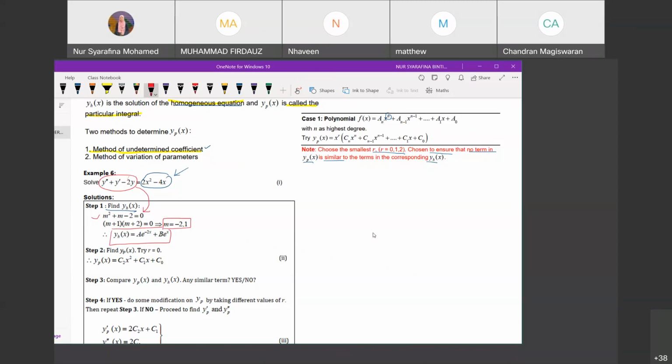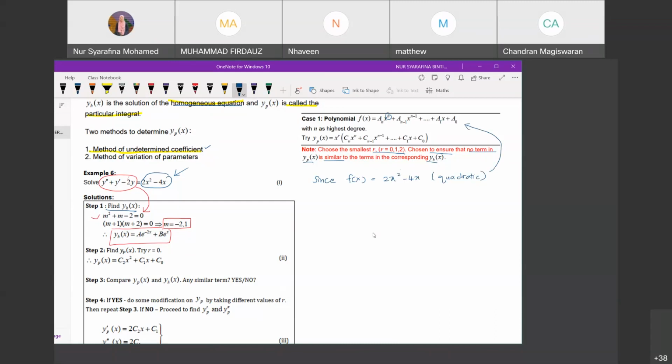Now let's proceed with how we can find yp. Since f(x) is given by 2x squared minus 4x, you know that this is a quadratic, which comes from a polynomial with 2 as the highest degree.